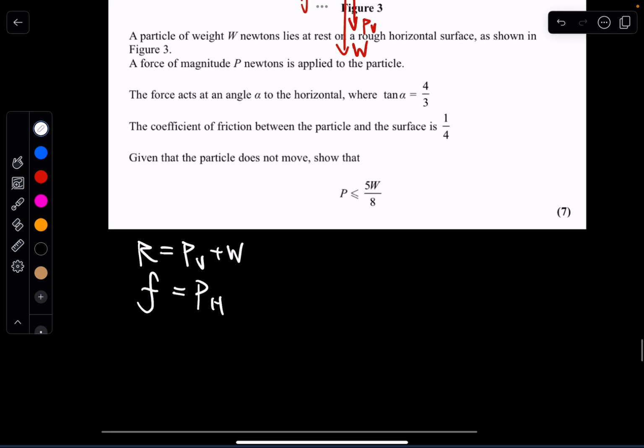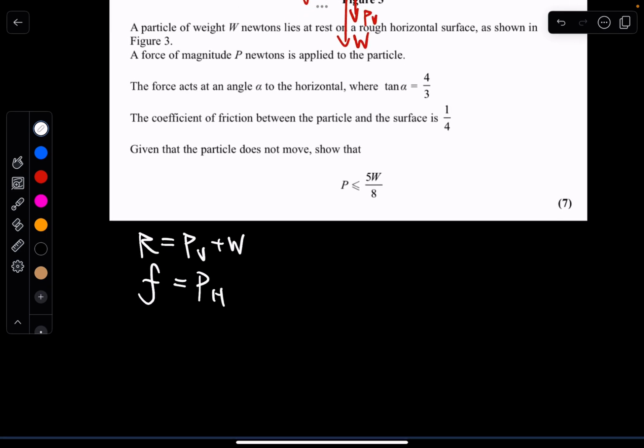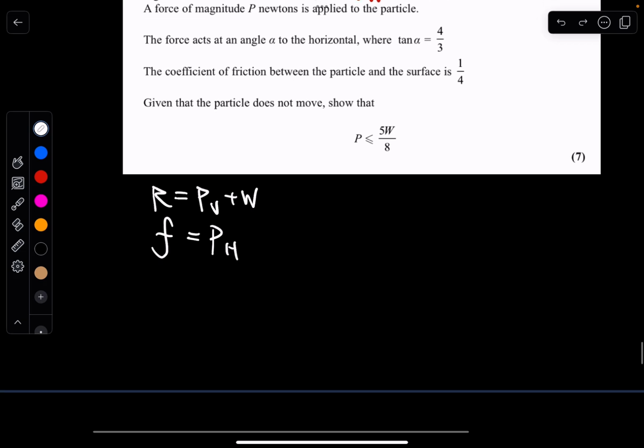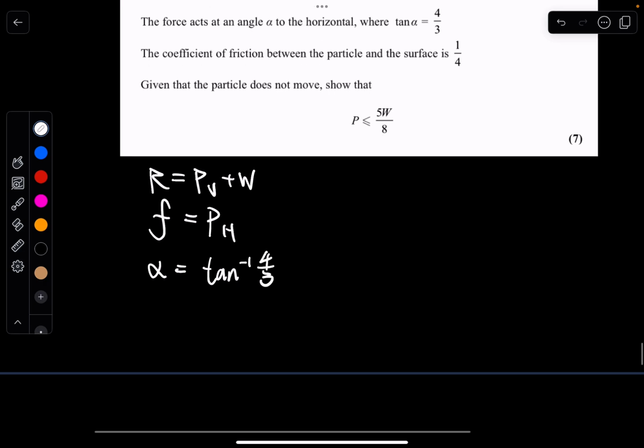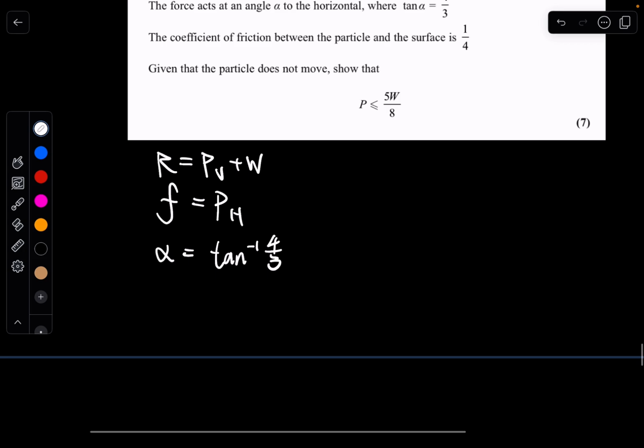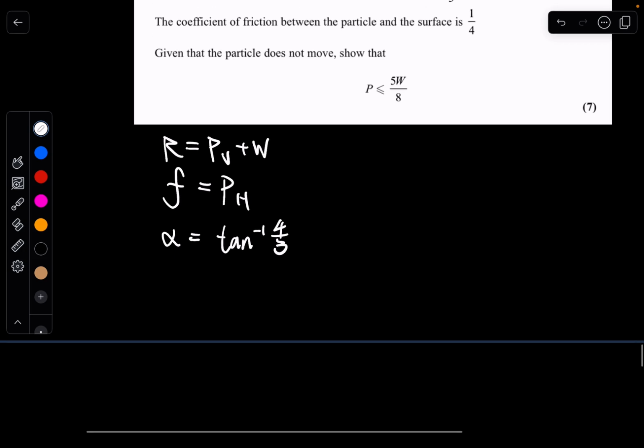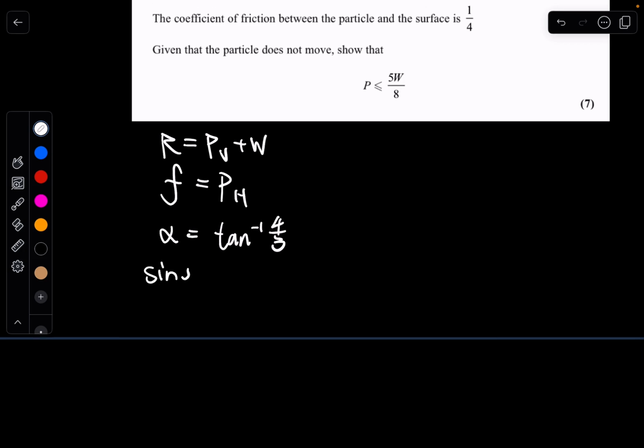This one's obvious. And now the hard part, I would think, is we have this tangent angle, which is kind of hard to deal with. So what I would do is alpha would equal to inverse tangent of 4/3. And you could plug that into the calculator, and then you can find sine alpha of this, right?